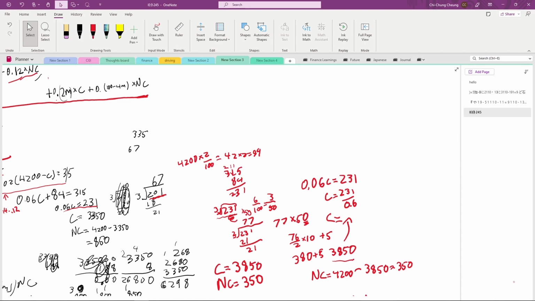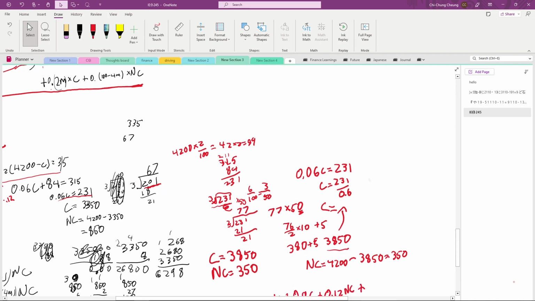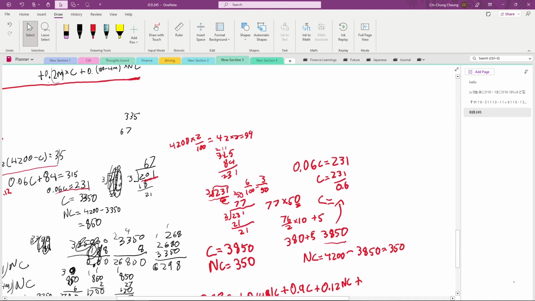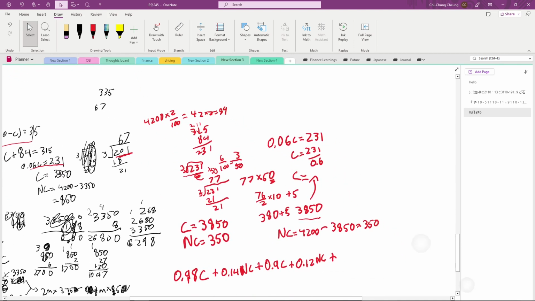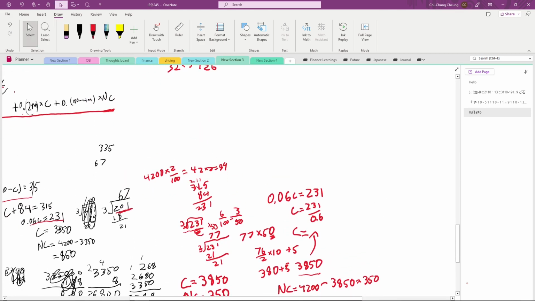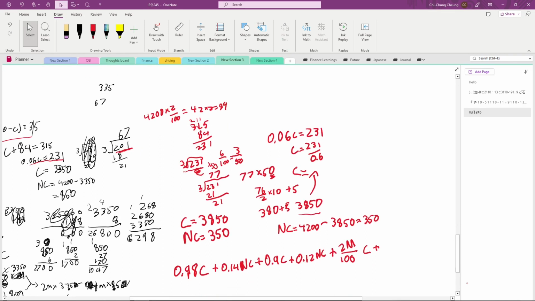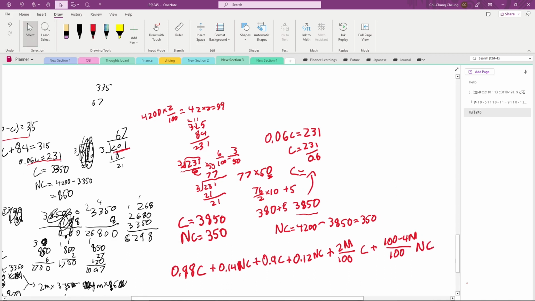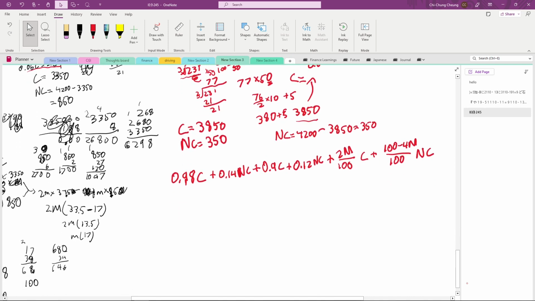Let's just use fractions if needed. 2m over 100. And let's first simplify what this is.